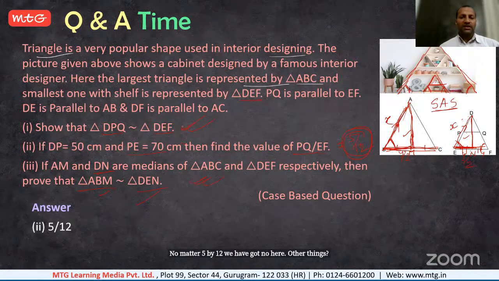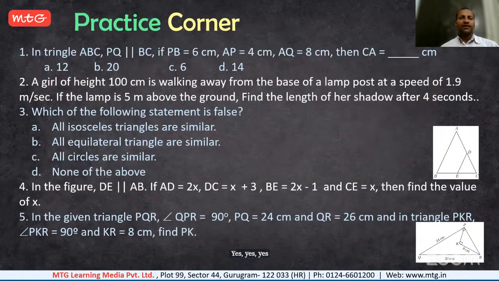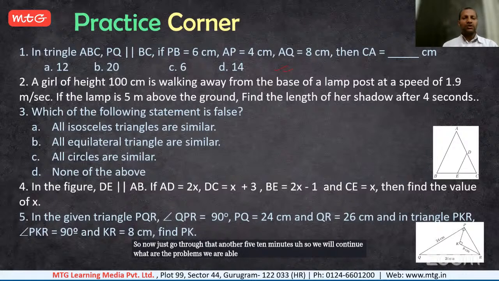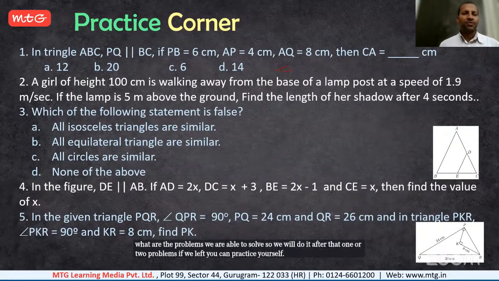No problem, here we have to prove. So now just go through that for another 5-10 minutes, and we will continue with the problems we are able to solve. After that, if 1 or 2 problems are left, you can practice yourself.